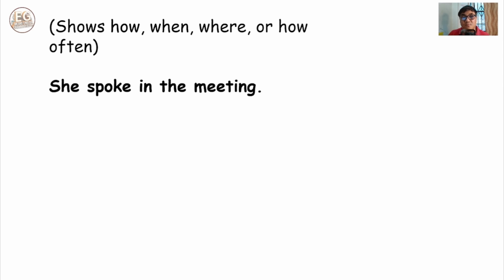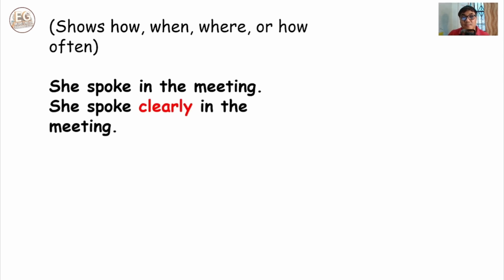Yes, it is spoke. We know that she spoke in the meeting, but we want to know how. How good she was. So herein is where an adverb comes in, like in the sentence, she spoke clearly in the meeting. So it is giving us more information about the verb spoke.